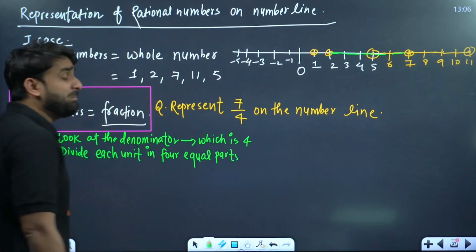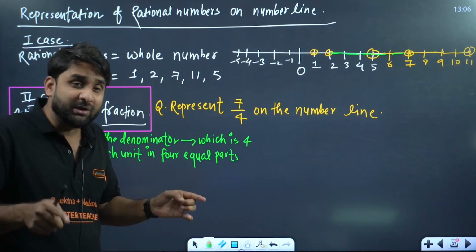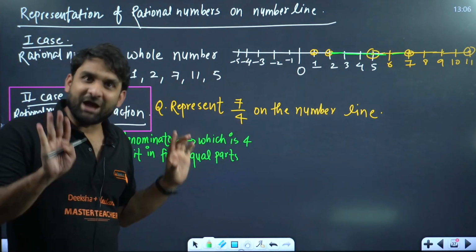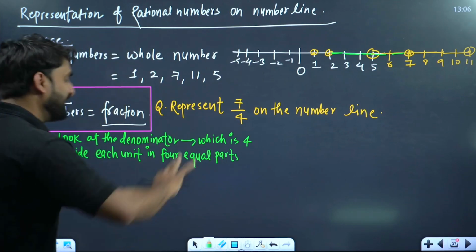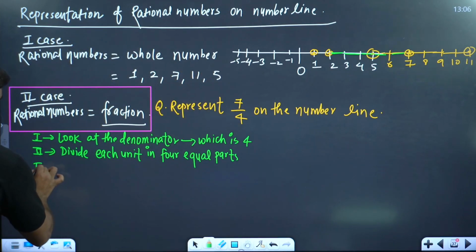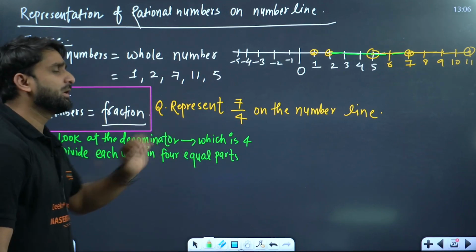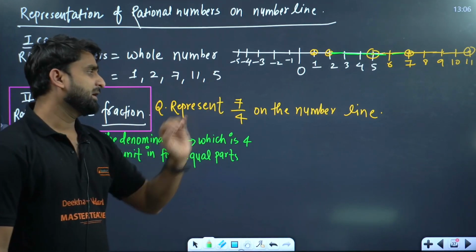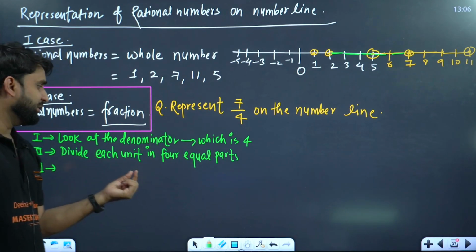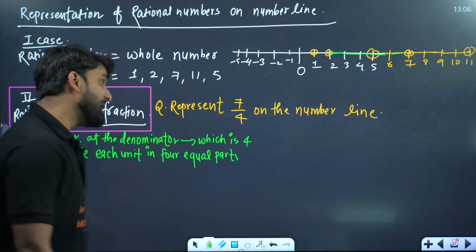So how many parts will be there between each unit? The denominator decides. Have patience, let's reach the final answer. Don't worry. Third, after looking at the denominator, make the number line in such a way that each unit has 4 equal parts.